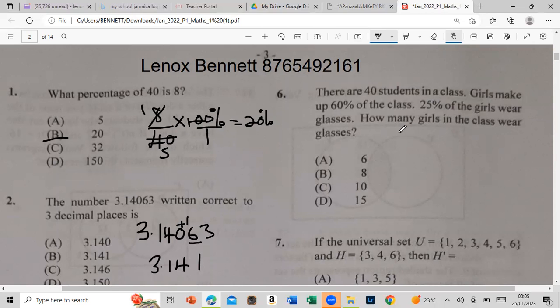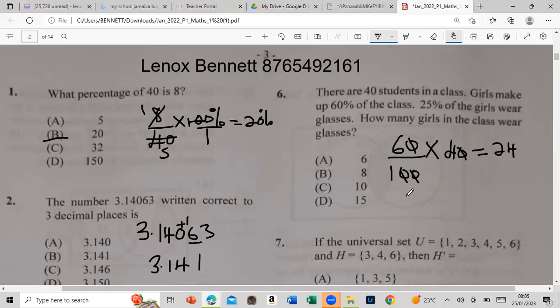First, we need to find out how many girls there are. So we're going to find 60% of 40, since the total is 40. So we use this first. We have 6 times 4, which is 24.